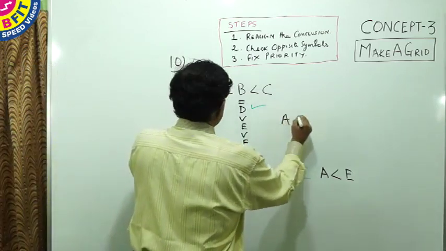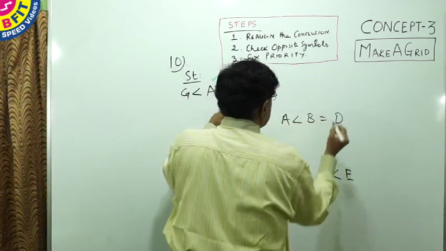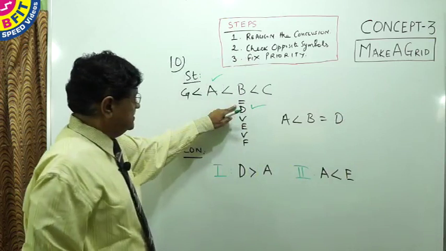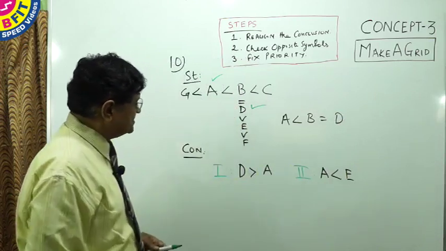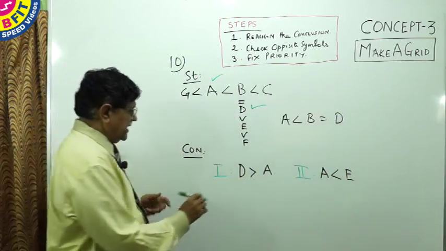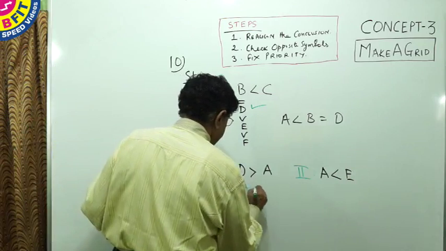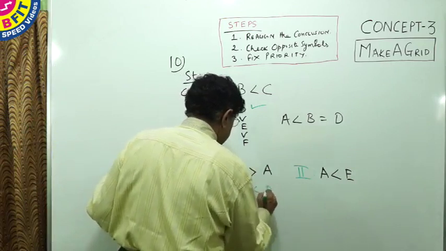A is less than B is equal to D. So the conclusion is in the reverse order. Therefore, the conclusion has to be realigned as A is less than D.